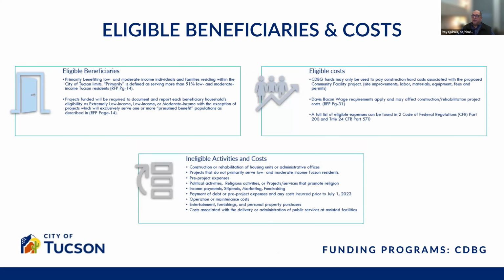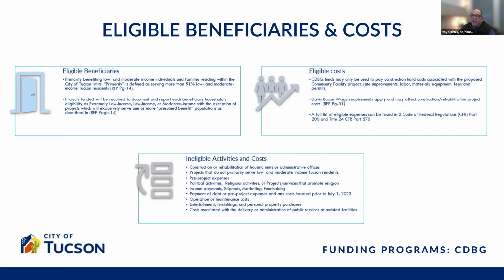Eligible beneficiaries and costs. The beneficiaries are intended to primarily benefit low and moderate income individuals and families residing within Tucson city limits, and primarily is defined as 51% low and moderate income Tucson residents.